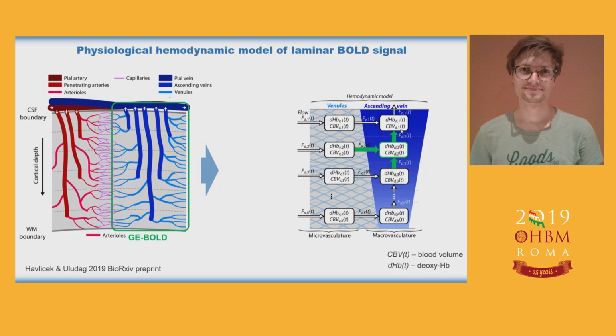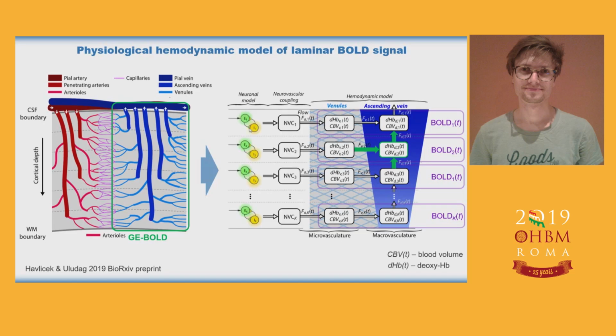In terms of the BOLD signal, both venules and ascending vein are contributing. And because we want to invert this model and estimate the neuronal activity, the entire model is driven by depth-specific neuronal units, which are followed by feed-forward neurovascular coupling.